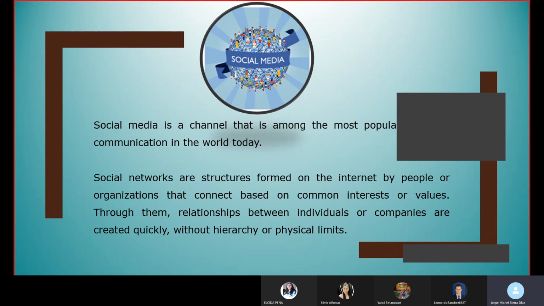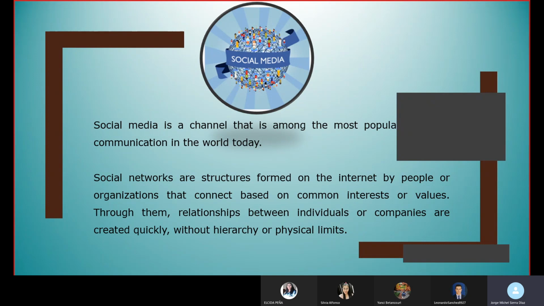Social media is one of the most popular tools used on the internet. Everyone knows different apps or platforms of social media, such as Facebook, Instagram or Twitter.